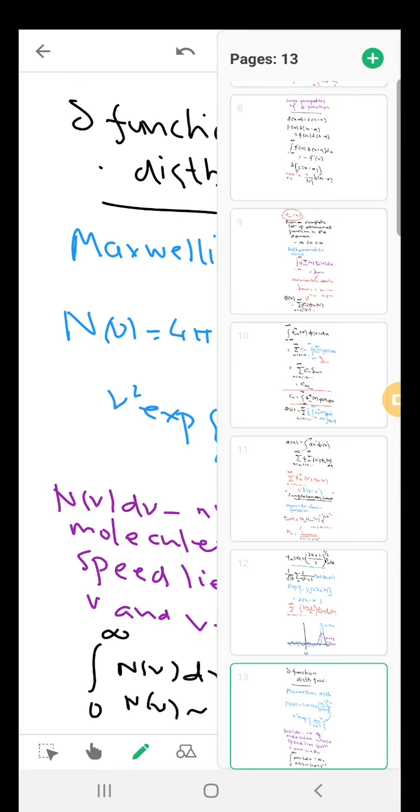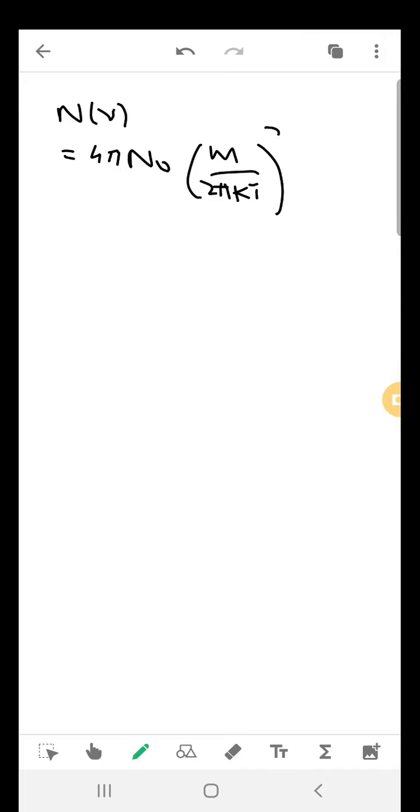That is, we can write n nu as equal to 4 pi n0 m by 2 pi kT to the power 3 by 2 multiplied by v square exponential minus m v square by kT.